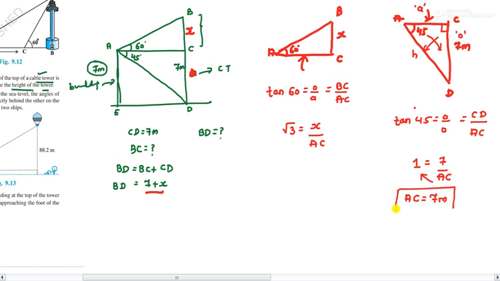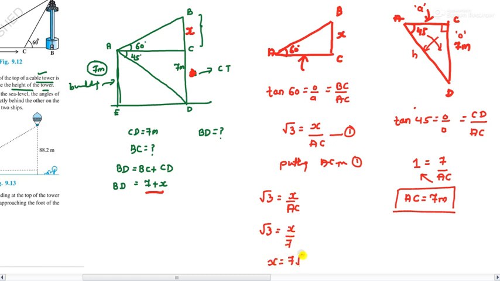Got it? Now if I substitute this in this equation, like putting AC in 1, I'll get root 3 equals x by AC. So root 3 is equal to x by 7. So x is 7 root 3 meter. And what is this x? This x is BC.